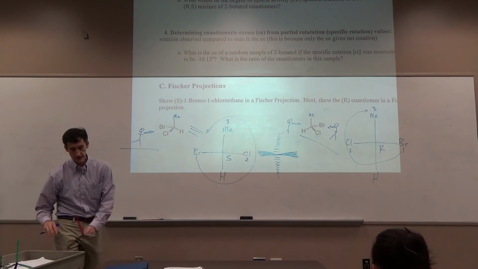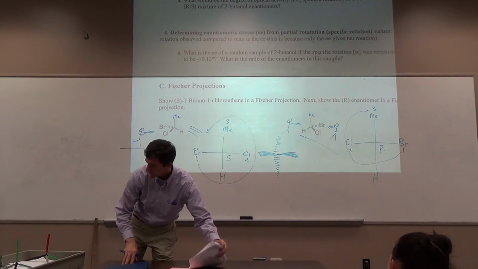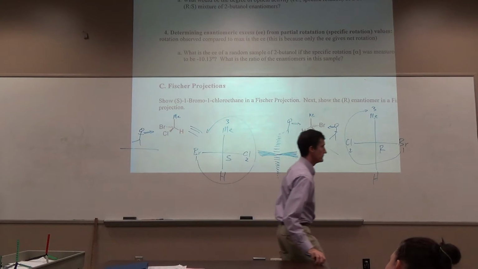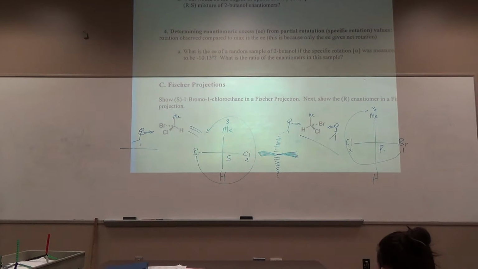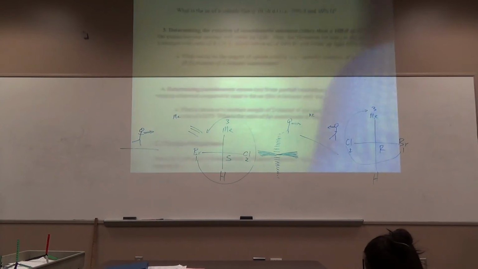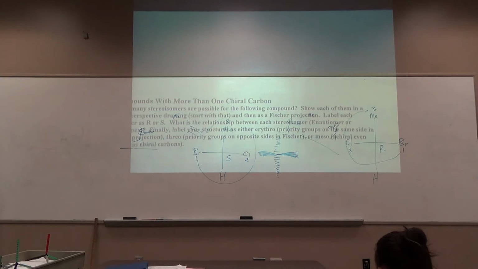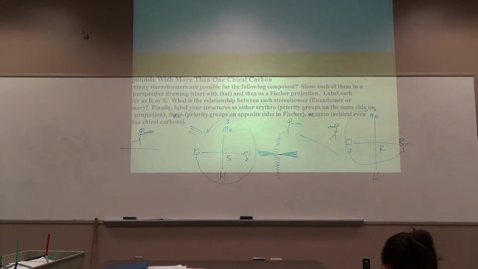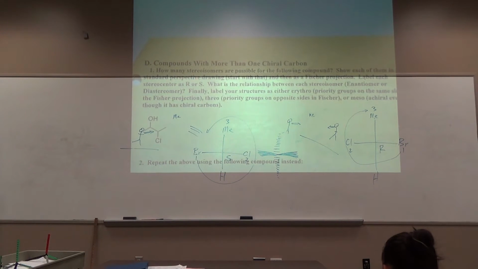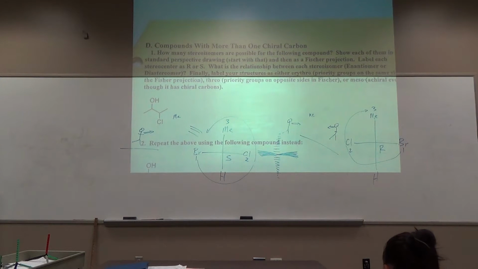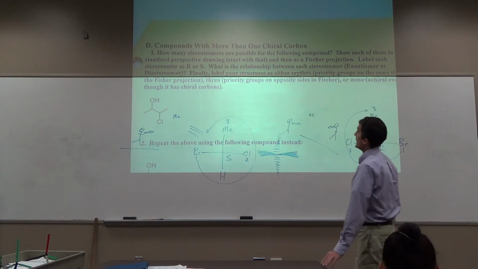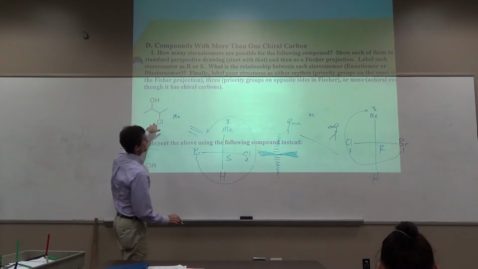Okay, let's look at the outline. Compounds with more than one chiral carbon. How many stereoisomers are possible for this compound?